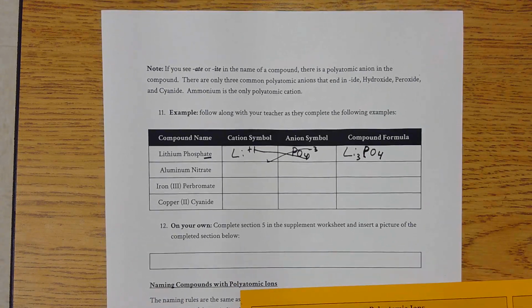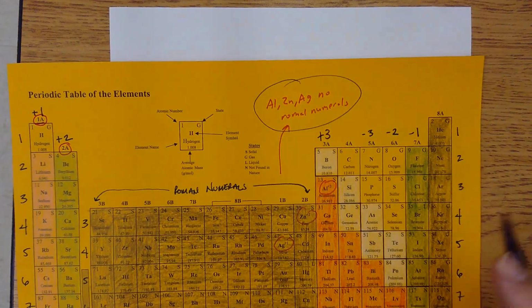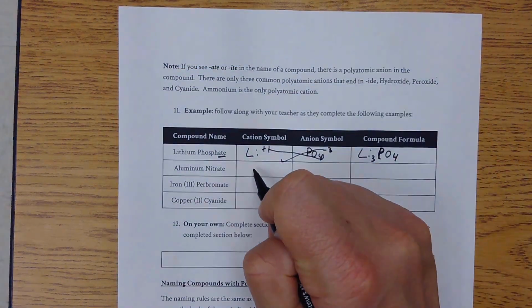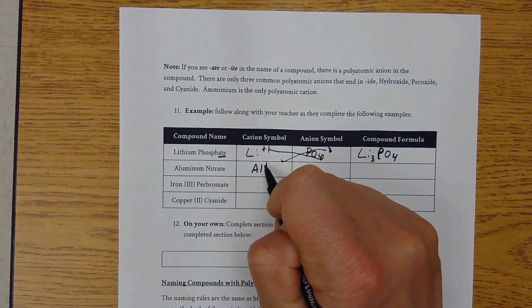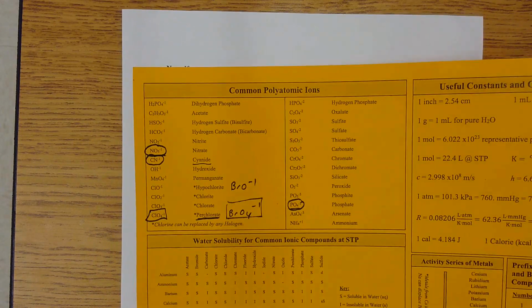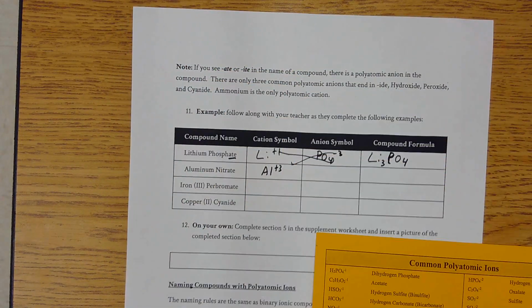Okay, next is aluminum nitrate. Okay, so aluminum is right here. Aluminum has a charge of +3. And nitrate, again, is one of the ones in the back. Nitrate is right here, NO3 minus 1.